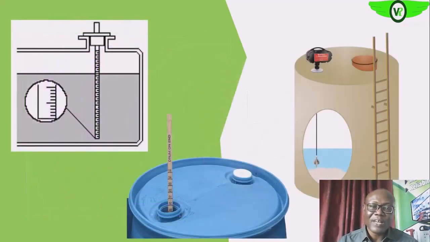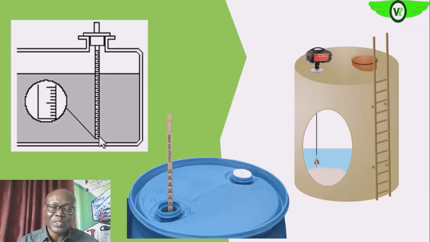So other forms, as we said earlier, is the dipstick. Most of our oil gauges use a dipstick. As you dip, you see that the level to which we have the oil or the fluid in the vessel will be marked on the dipstick. If it is calibrated, it will give us the level reading.